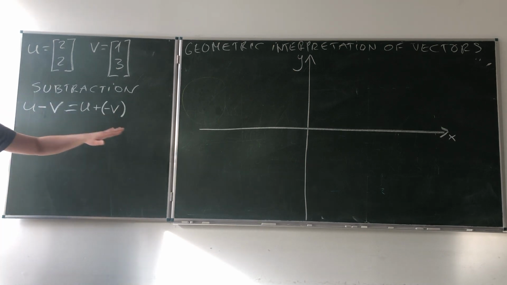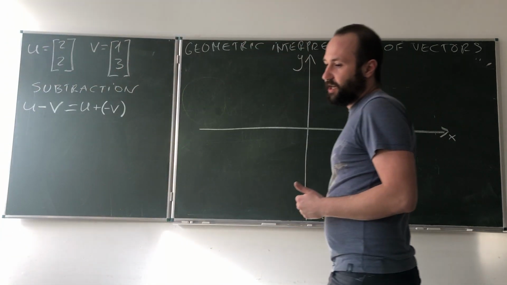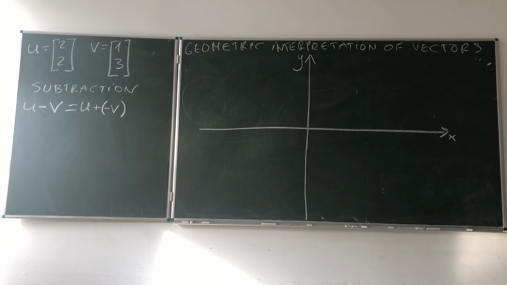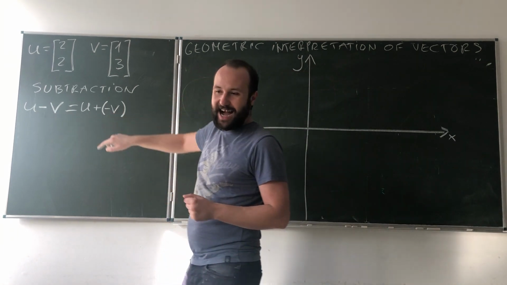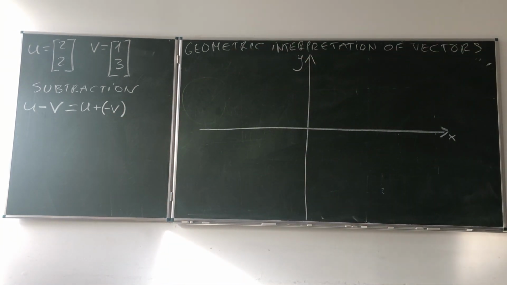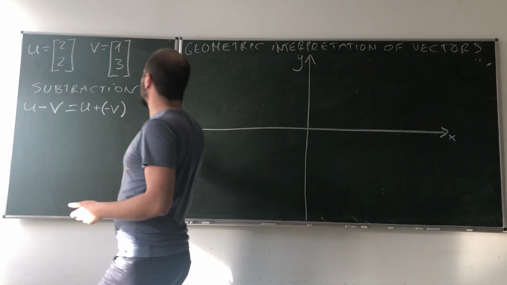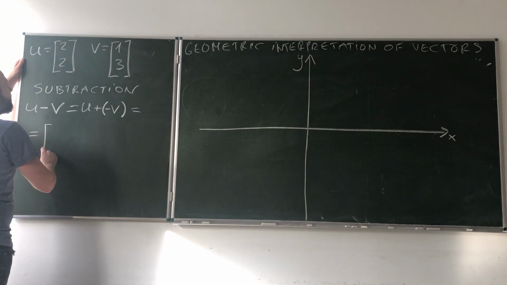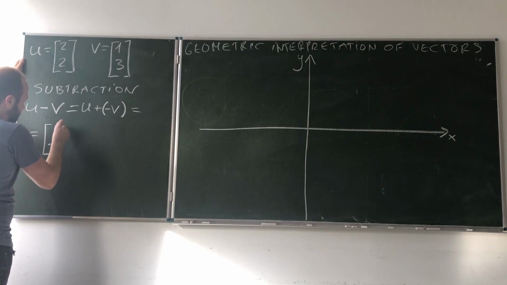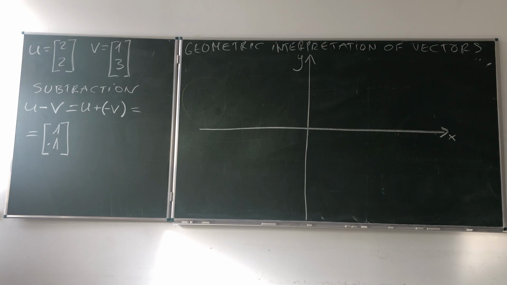So if I actually want to draw this vector, all I have to do is to first build vector negative v and just add them using a parallelogram exactly the same way as I did before. Okay, again, maybe let's start by calculating the exact values. So we will have 2 minus 1 is 1, and 2 minus 3 is negative 1, right? Okay, so this is the vector u minus v.